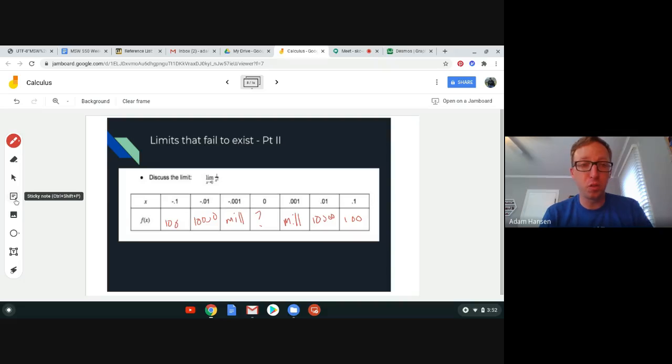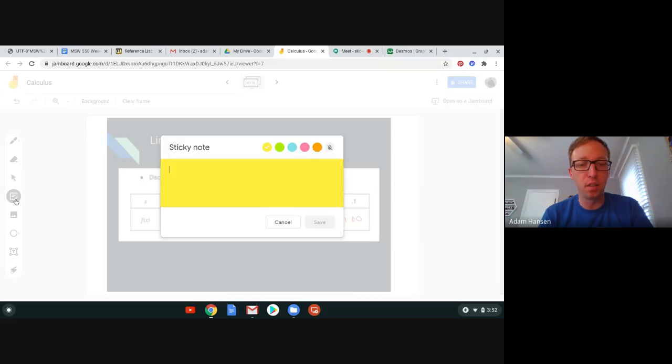Every time I get closer and closer to 0, the function gets ever higher and higher. So the limit fails to exist. The function has unbounded behavior as x gets closer and closer to 0.